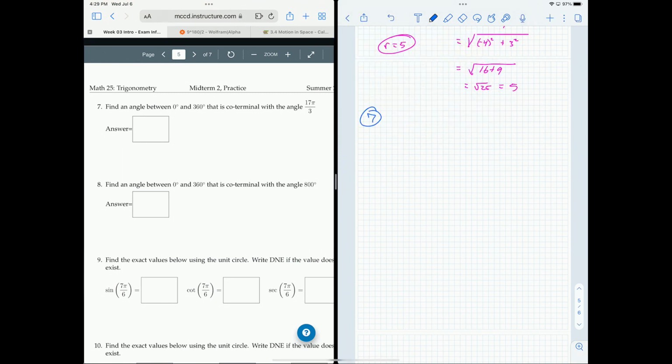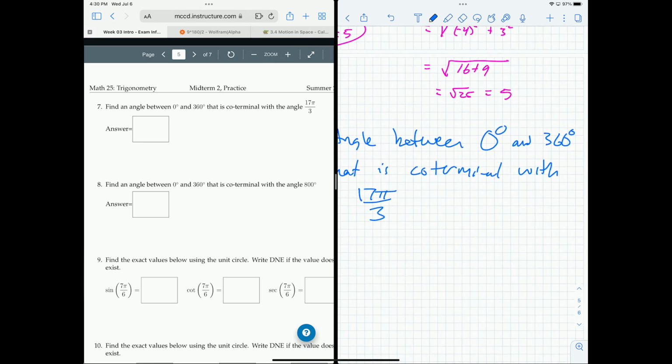Number 7. Find the angle between 0 and 360 that is coterminal with 17 pi over 3. I should fix this.